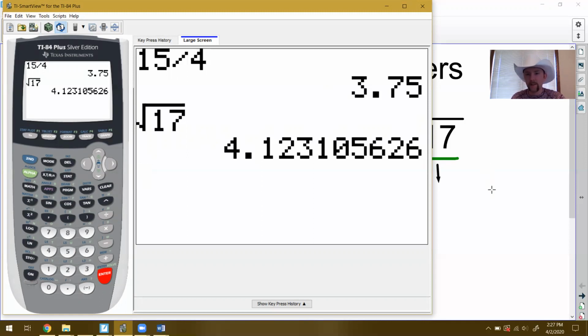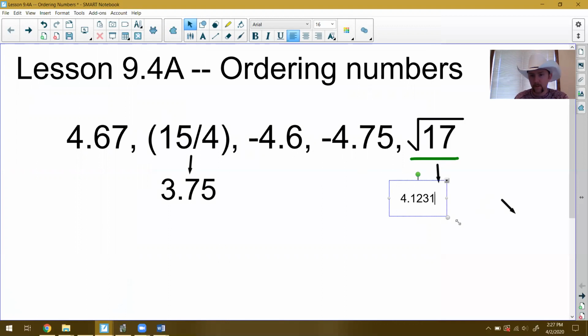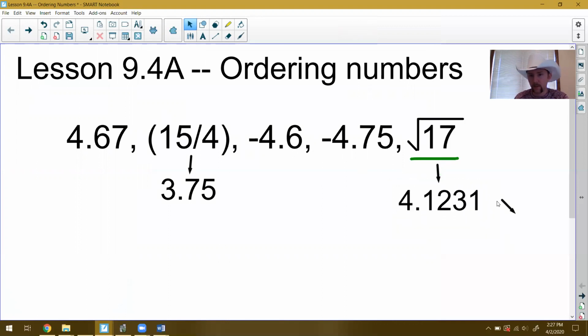So in this case, I might just write down 3 or 4 decimal places, okay? So if I go back here, 4.1231 is what I'm going to do. So this number, the square root of 17, is really 4.1231. Okay, 4.1231 is really what that one is.